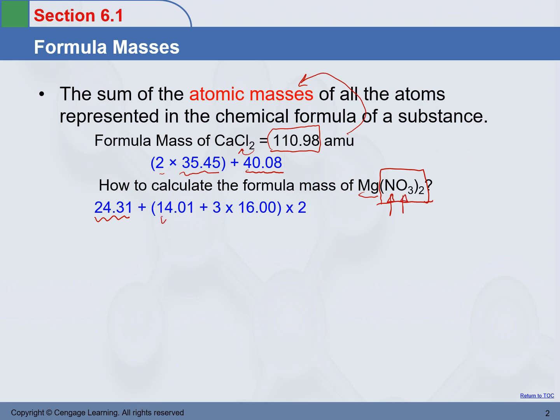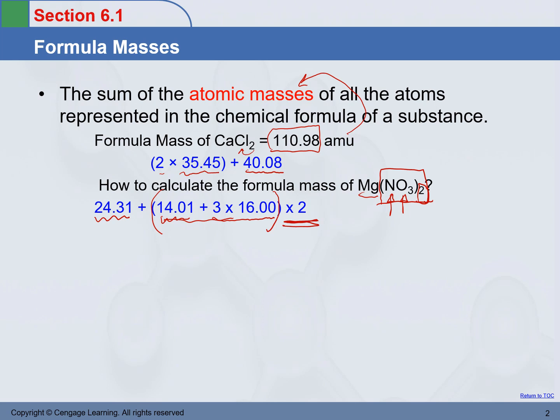So 1 nitrogen, 14.01, 3 oxygens, 3 times 16.00. 16.00 is the atomic mass for oxygen. You add the 2 together. Once you get a number, you times it by 2, which tells you there are 2 nitrate units.